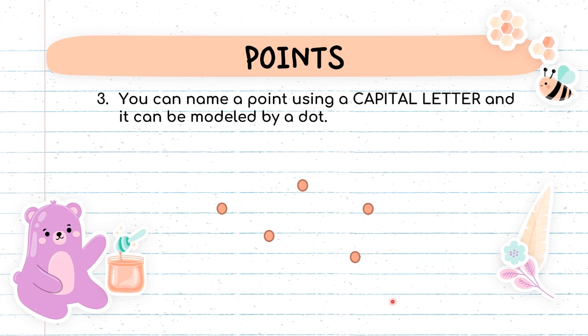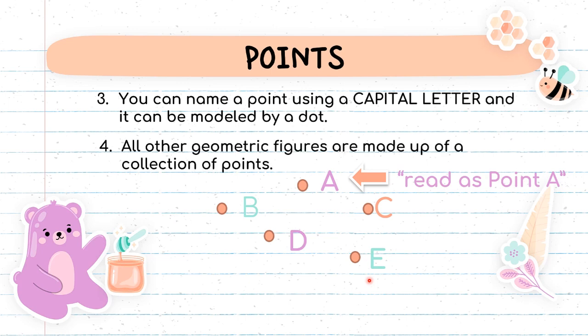Those points can be named with capital letters A, B, C, D, and E. Now, itong may point na to, saka yung capital letter, you can read as point A, point B, point C, point D, and point E. So that's how you name a point. And all geometric figures are made up of a collection of points.